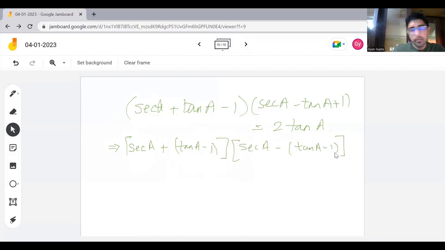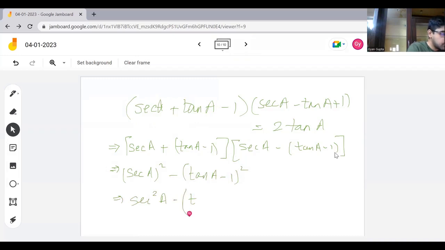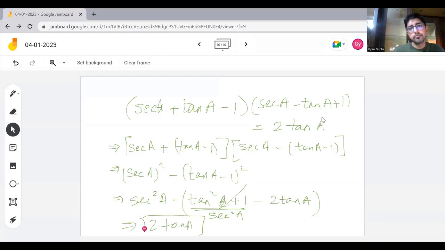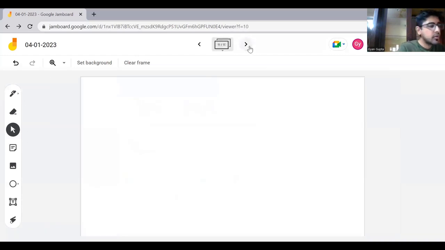So this is (A plus B)(A minus B), which is secant A the whole square minus tan A minus 1 the whole square, which is equal to secant square A minus tan square A plus 1 minus 2 tan A. And tan square A plus 1, this is equal to secant square A. So that will give me secant square A minus secant square A cancel, minus into minus 2 tan A. Hence proved. All right. Now let's look at another question.